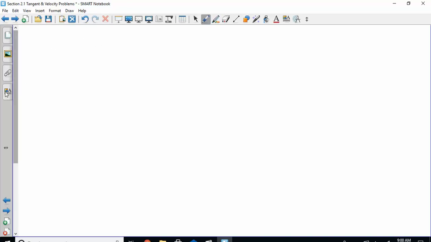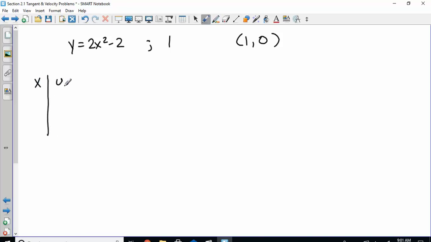It has the equation y equals 2x squared minus 2, and then it says 1. 1 is the x value. How do I get the y? Plug it in. So 2 times 1 squared minus 2 is 0. All right, we are going to make what I expect 2 tables here.